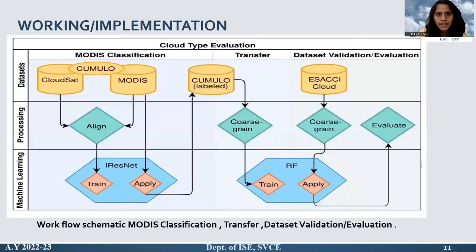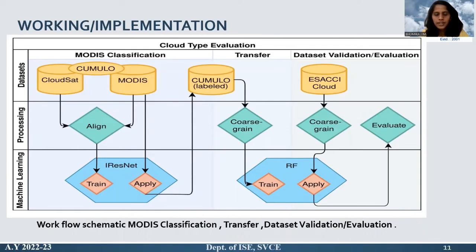Let's go for the next slide. In this slide, we are going to study cloud type evaluation. The same information we studied in the last few slides is shown in a single diagram, which is a flow diagram of the whole concept called cloud type evaluation.